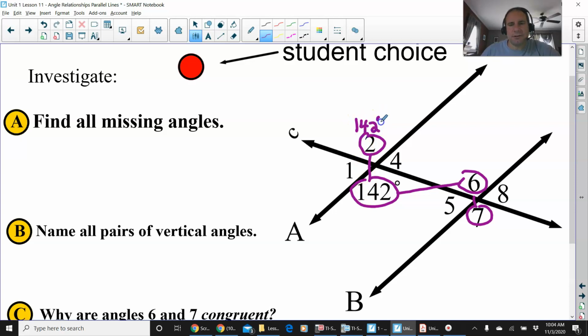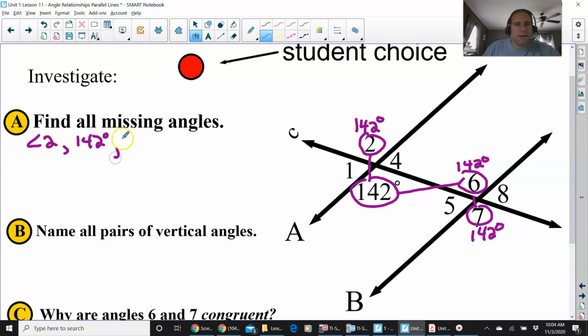I'm going to put 142, and then 6 and 142, those are alternate interior angles, 142, and then these are vertical, 142. All obtuse angles, angle 2, angle 6, and angle 7 equal 142.